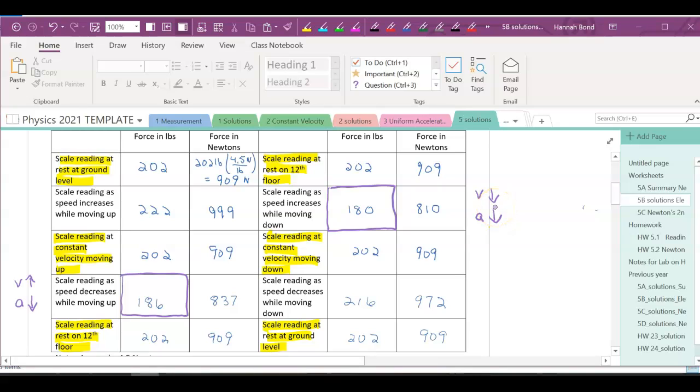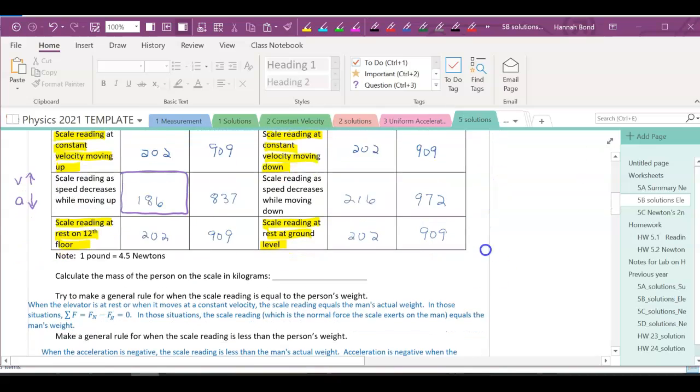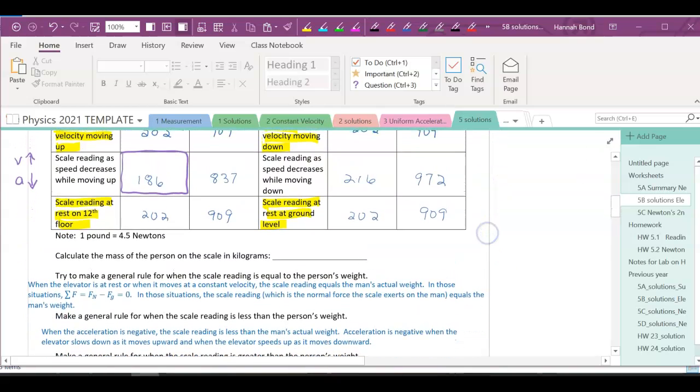The thing that's the same for these two situations is that acceleration is in the negative direction. So our rule, we can generalize, says that when acceleration is negative, the scale reading is less than the man's actual weight. Acceleration is negative either when the elevator slows down as it moves upward, or when the elevator speeds up as it moves downward.